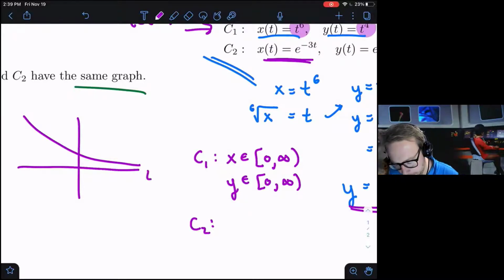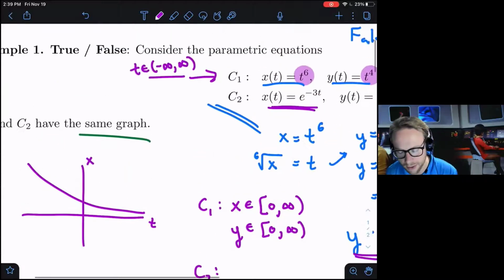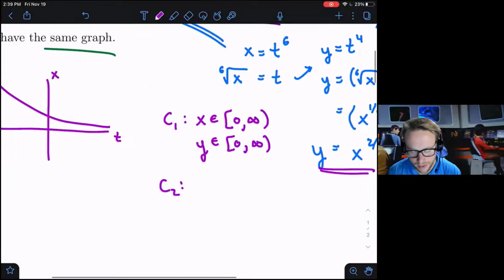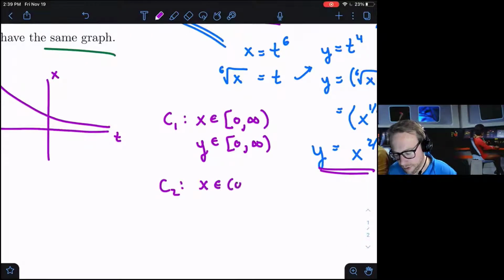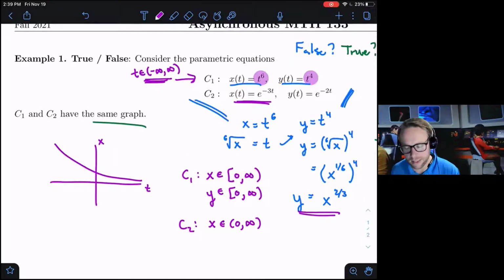Again, I'm thinking about my inputs as t's and my outputs as x's right now. So as I put in a whole variety of t's, again, t can range from -infinity to infinity here, notice that I'm going to get out positive values. But that's the thing, strictly positive values. That is, x is going to range from 0 to infinity, but not including 0. There's nothing that I can plug in for t where this thing right here is actually going to output 0.